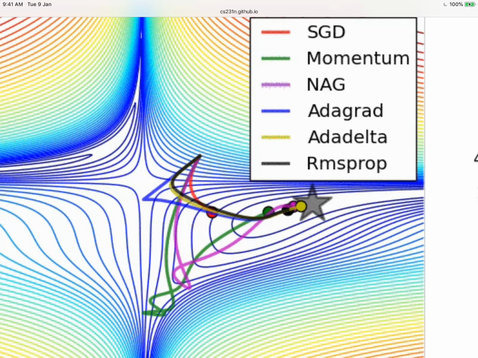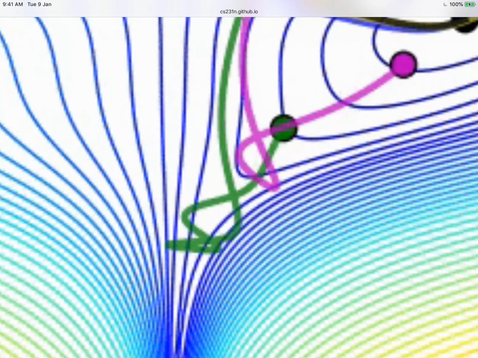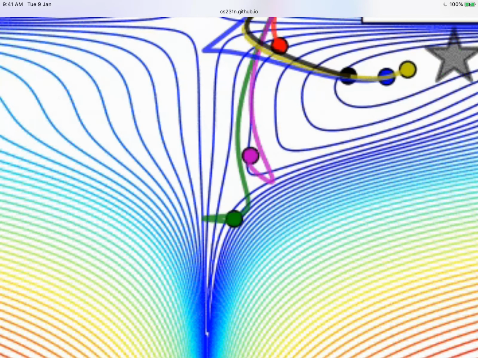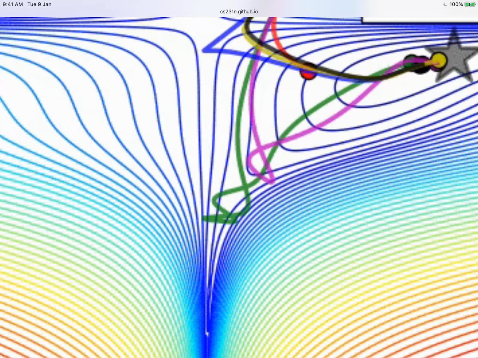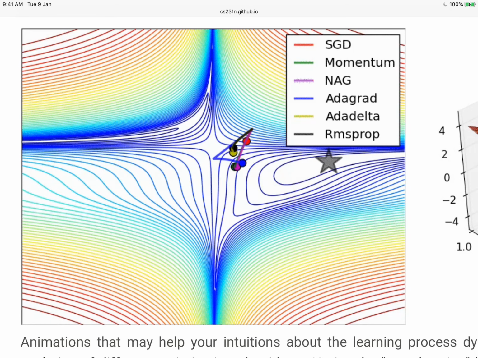In the case of momentum, it will overshoot a lot, right? Around this region, even though it is uphill, because of the accumulated gradient, it will still go up, right? But eventually it will go down to this local minimum. Overall, among these, RMSProp and AdaDelta seem to work well, right?